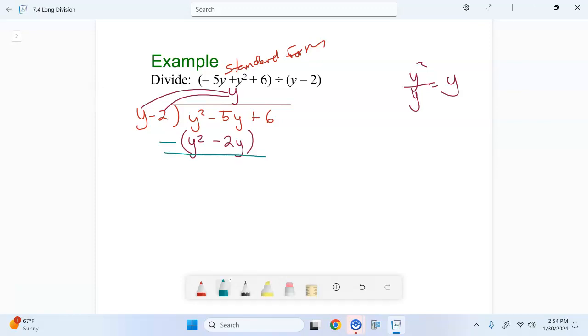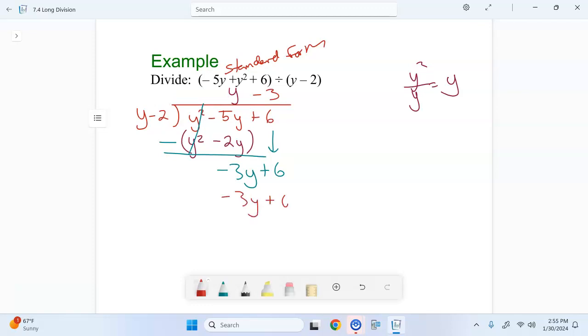Step 3. Subtract. Y squared minus y squared. Negative 5y minus negative 2y. Negative 3y. Step 4. Add the 6. Repeat. Divide. Negative 3y divided by y. The 3. We multiply. Negative 3 times y.